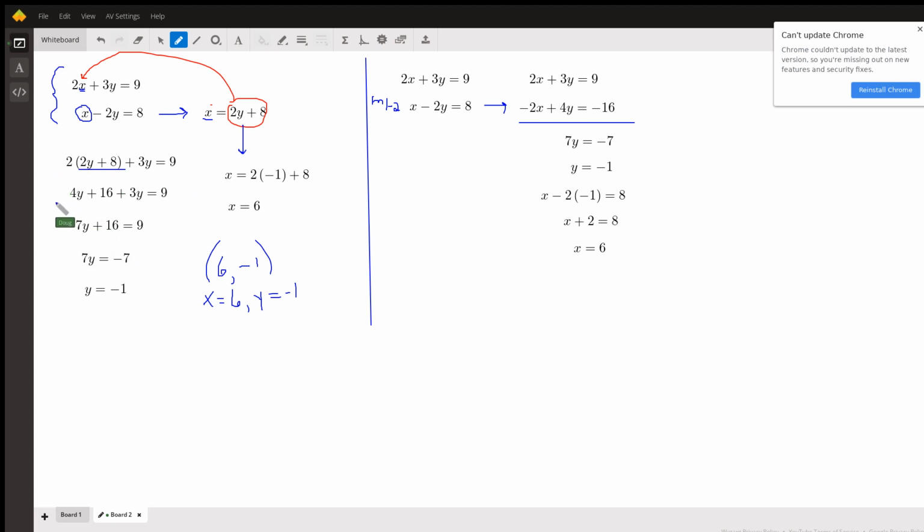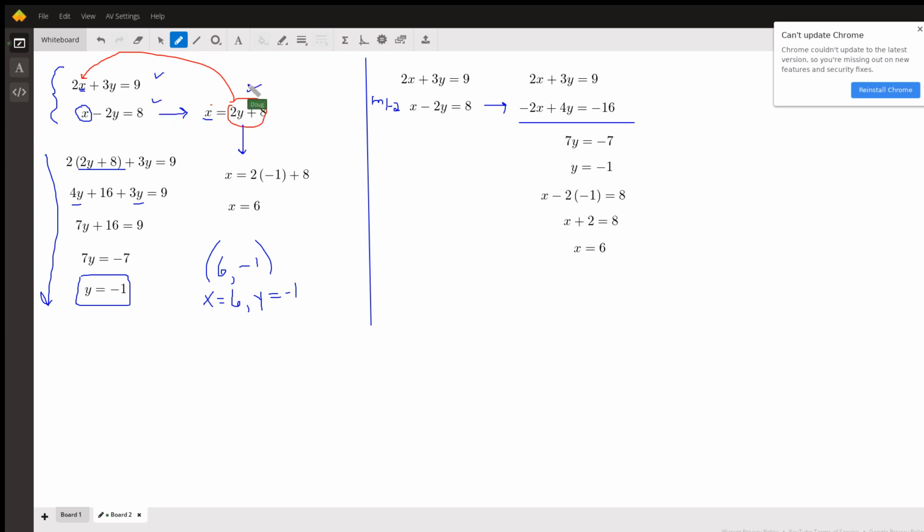And then from there, it's just solving a linear equation in one variable. Distribute the 2, combine the 4y and the 3y, subtract 16 from both sides, divide by 7, and there's your y value. To find out the corresponding x value, you can put this -1 back into any one of the equations that you have.